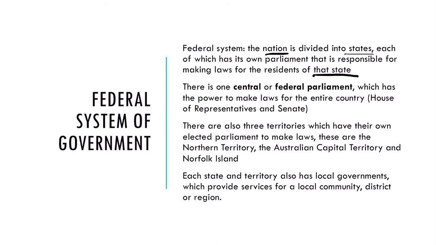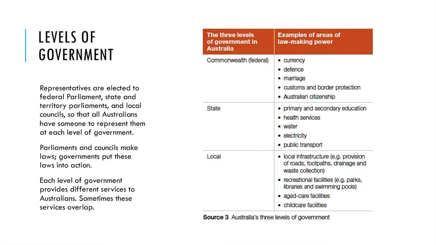We also have a central or federal parliament, which has the power to make laws for the entire country, and that's 2 houses, the House of Representatives and the Senate. There are also 3 territories which have their own elected parliament: the Northern Territory, the ACT, and offshore, Norfolk Island. Each state and territory also has local governments, which provide services for a local community, and this is better expressed by this table here.